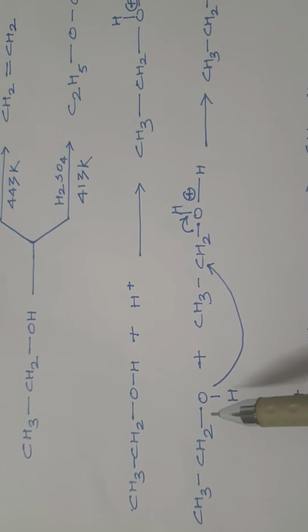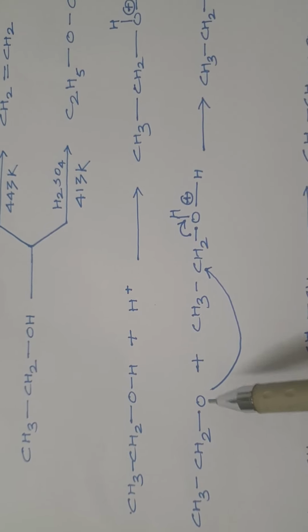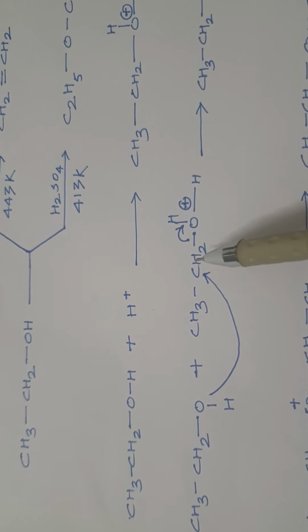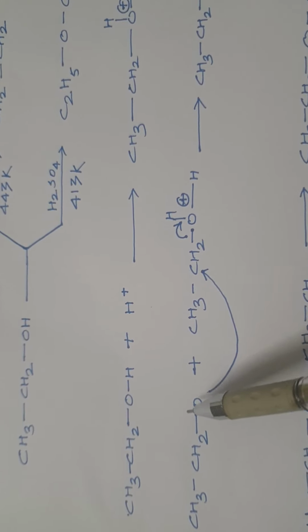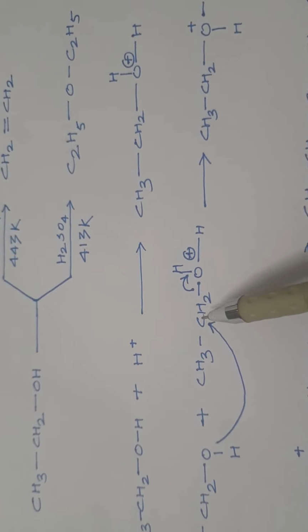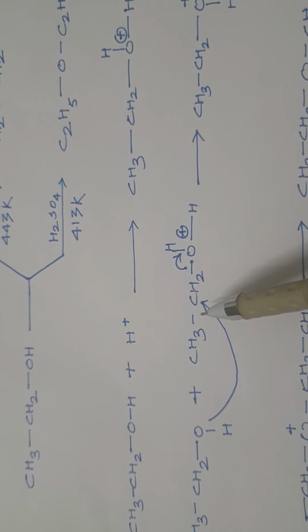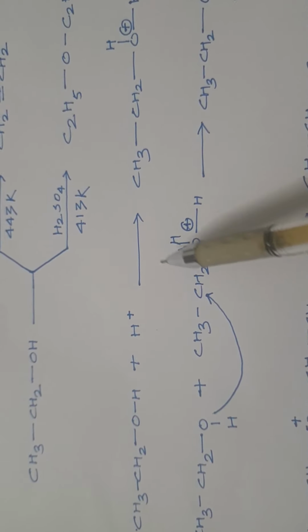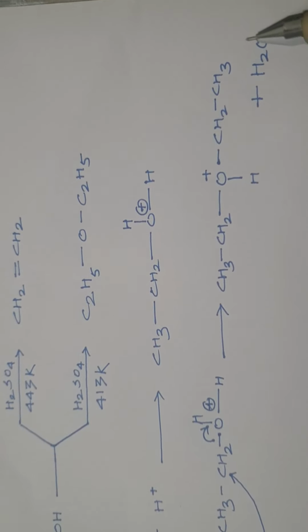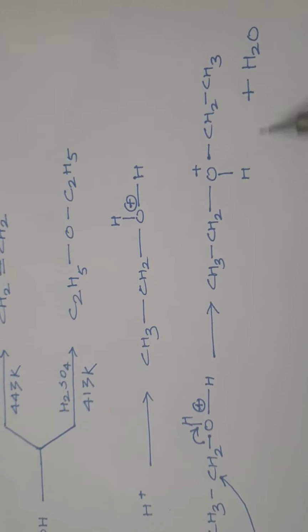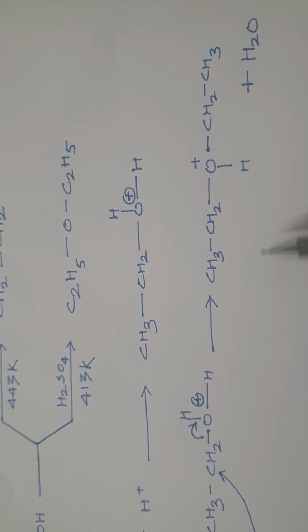Look at it. Now this one acts as a nucleophile and this is becoming an electron deficient species. So you have lone pair of electrons on oxygen which goes to attack a carbon over here. Thus water molecule is lost. So losing a water molecule, what you obtain is a protonated ether.